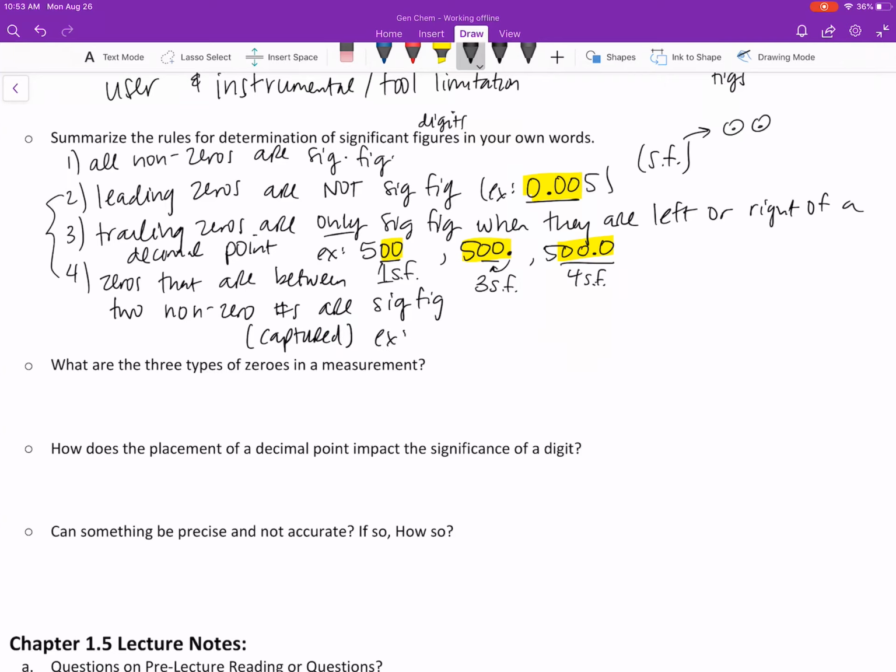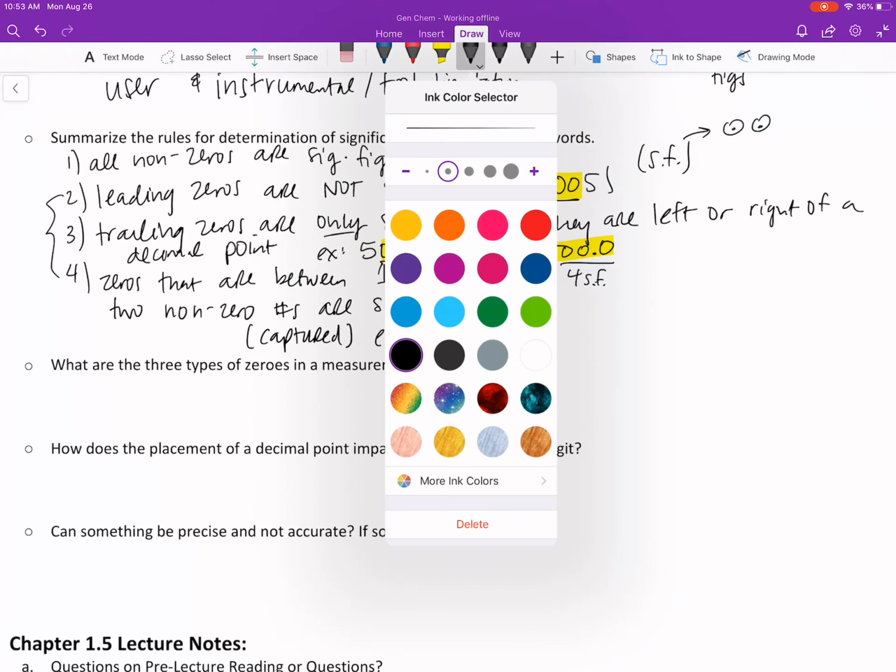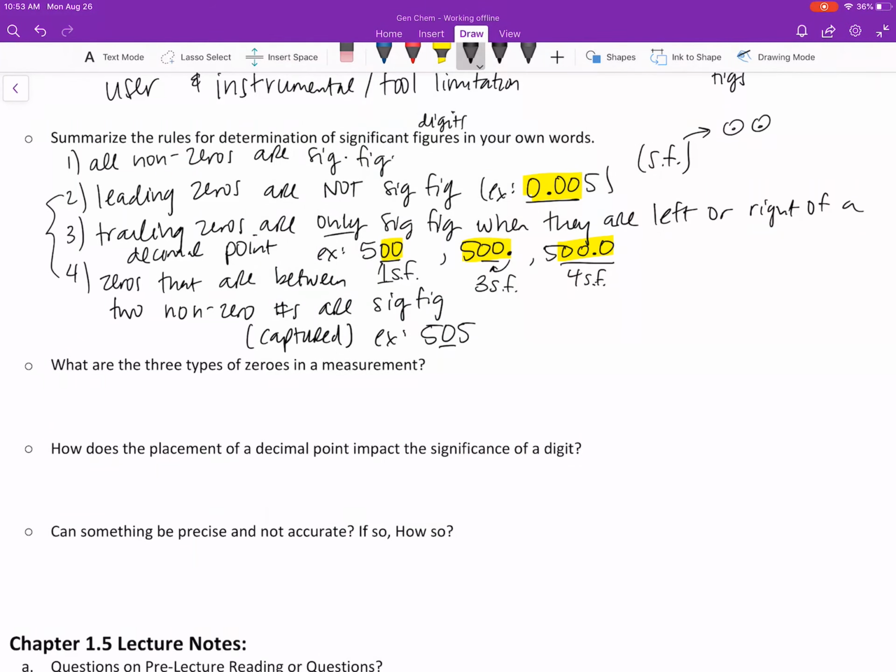So, for example, 505, this zero is between two fives, makes it a significant number, and therefore this has 3 sig figs. And this one up here only had 1 sig fig.